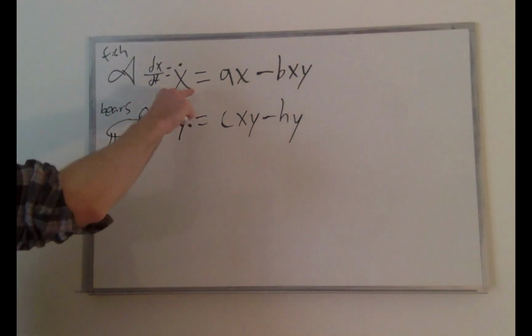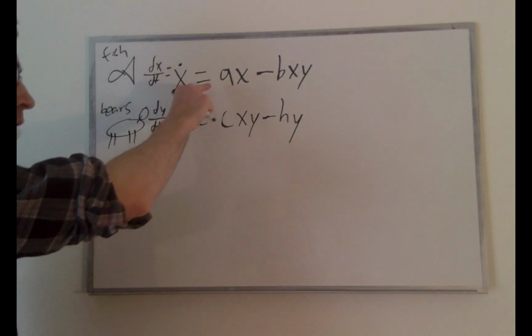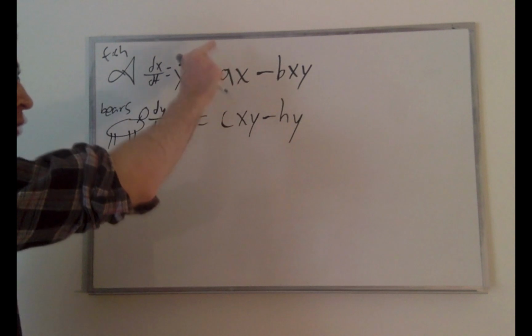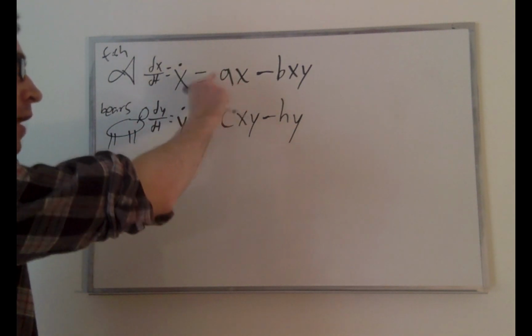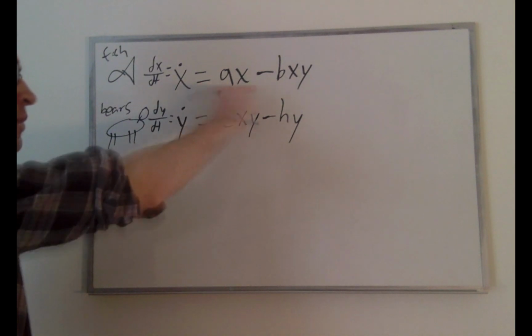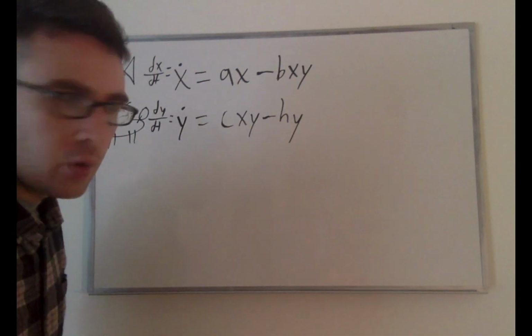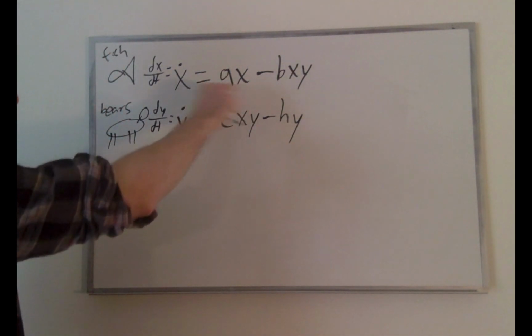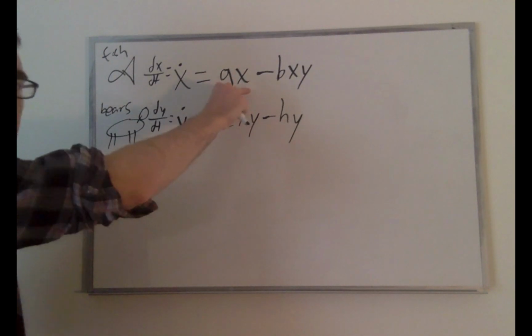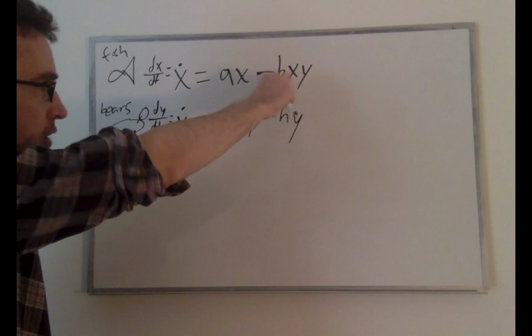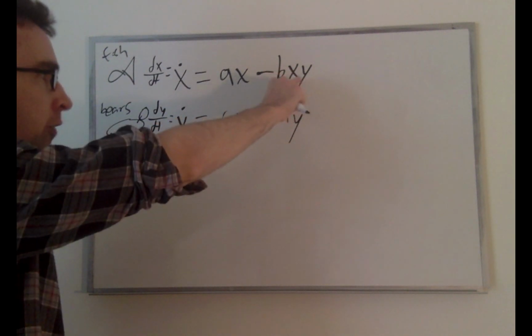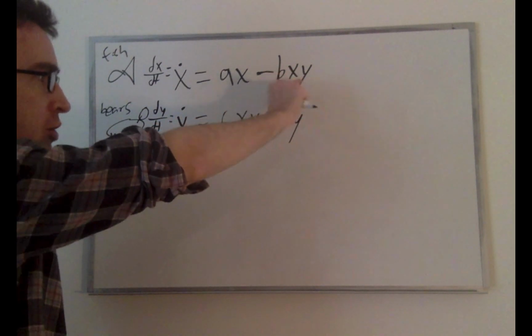So for the equation for the prey, we basically have a reproduction term. We have a, which is a constant parameter, times our variable x. That's just the rate at which the prey population is growing, and it depends on the current level of the population. And then the prey species is also dying off with this term here.